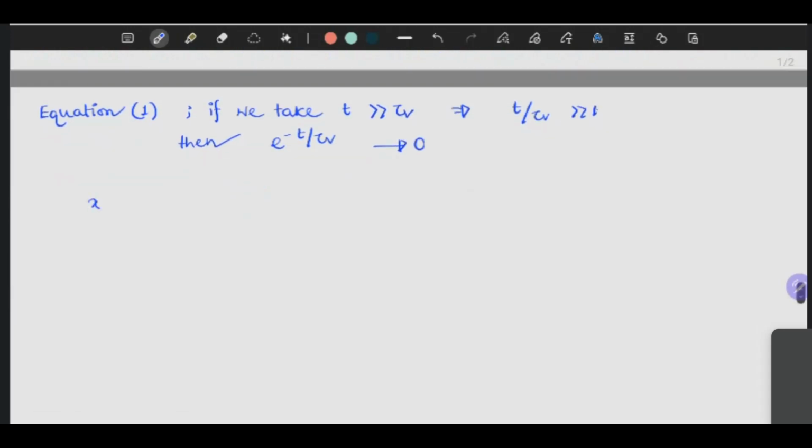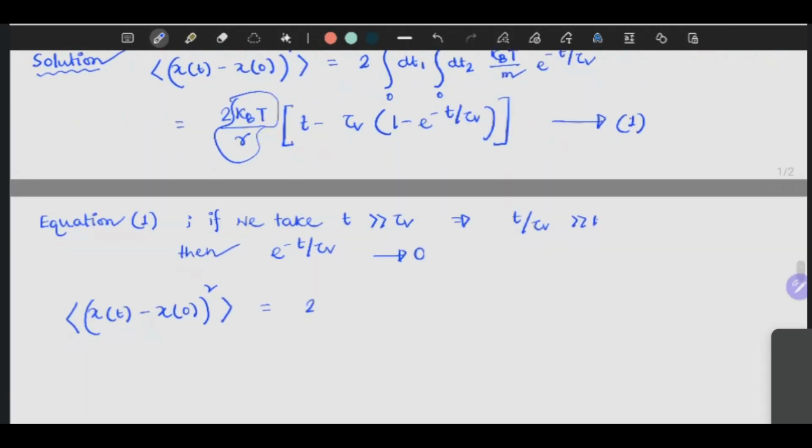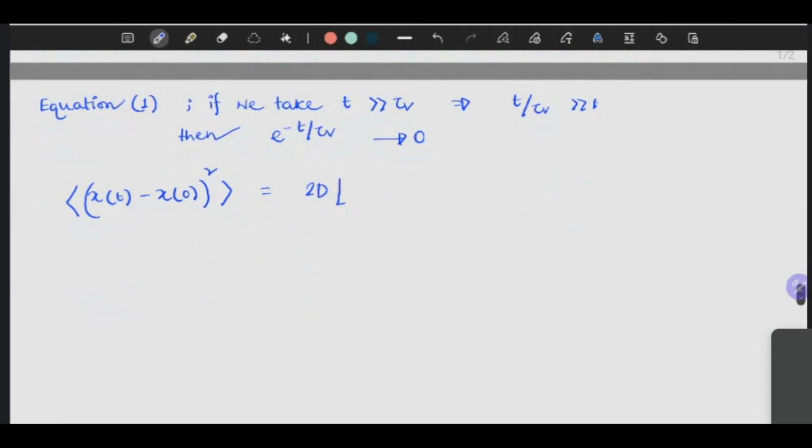So (x(t) minus x naught) whole square becomes 2kBT by gamma, so this will be 2D(t minus tau_v). Now see, t is very greater than tau_v, so this becomes 2Dt.